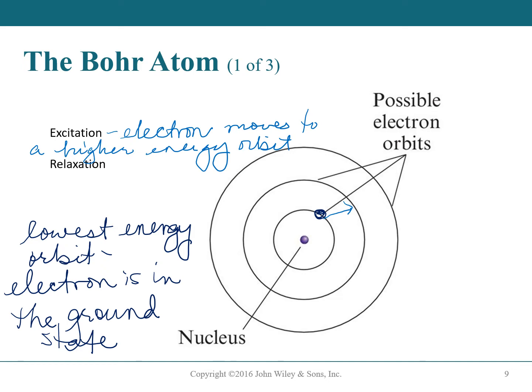Relaxation is basically if I take an electron here and it goes back to a lower energy state. This is exothermic. Relaxation is exothermic. So how does it release its energy? It releases energy to go back down to a lower energy orbit in the form of a photon.